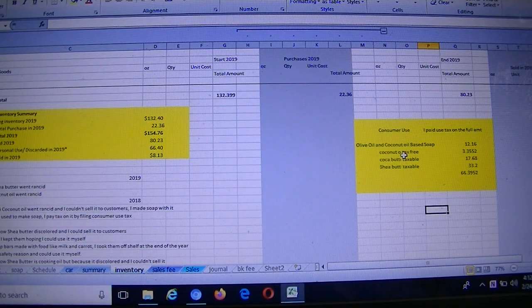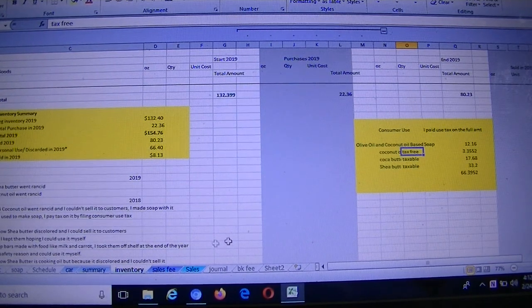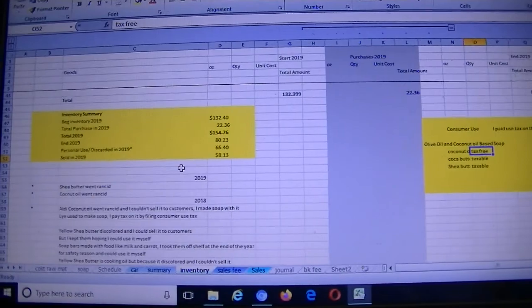What is tax free, I'll note it down, and what is taxable, I'll note it down so that I know how much I need to pay tax on. I think this year I paid tax on everything, the total amount, without taking the tax free one out. I remember how I did it, but I think that's what I did.